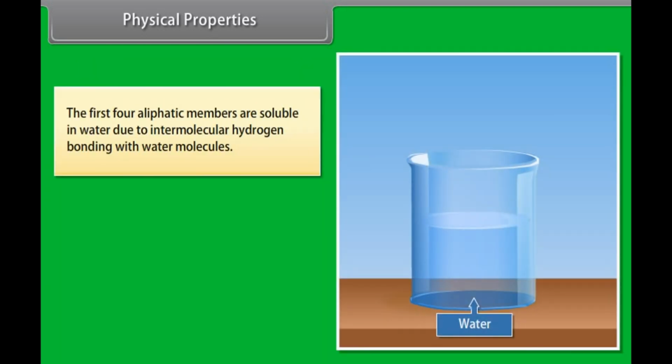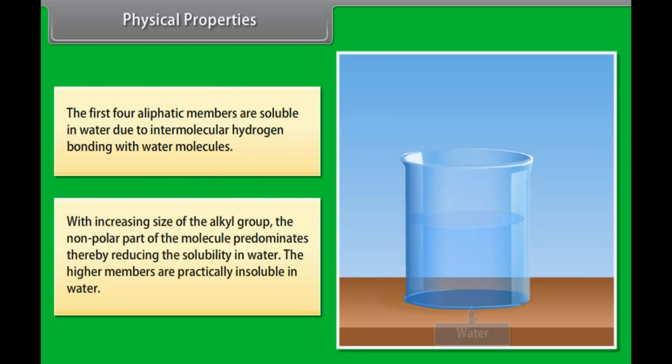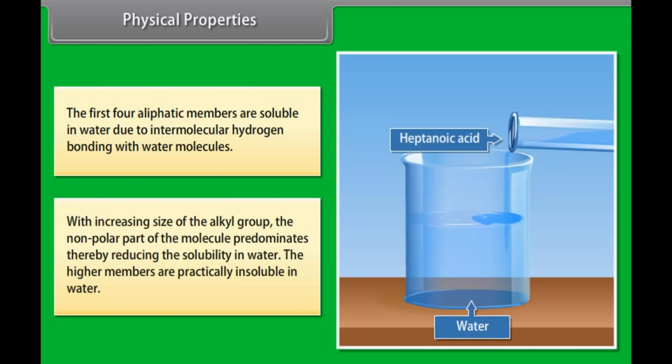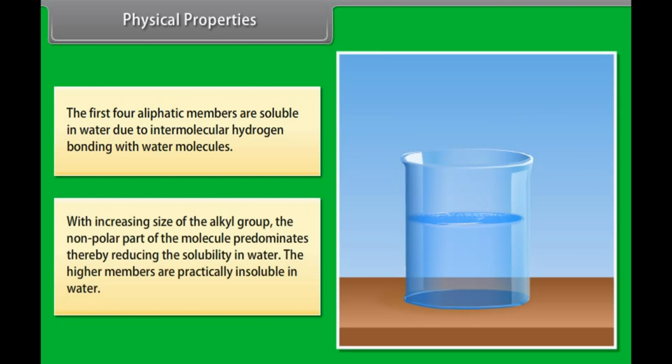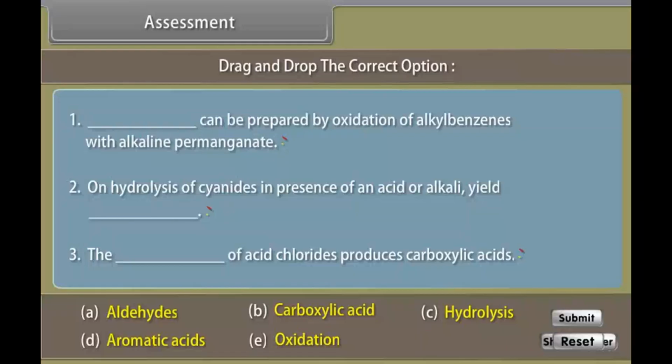The first four aliphatic members are soluble in water due to hydrogen bonding with water molecules. With increasing size of the alkyl group, the non-polar part of the molecule predominates, thereby reducing the solubility in water. The higher members are practically insoluble in water.